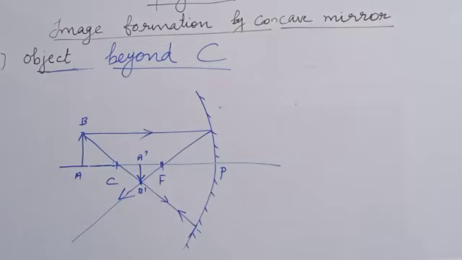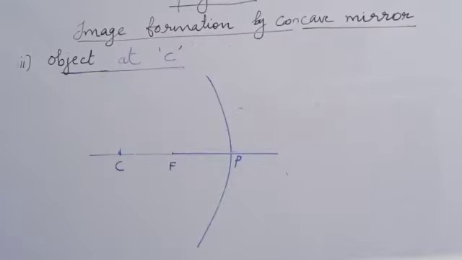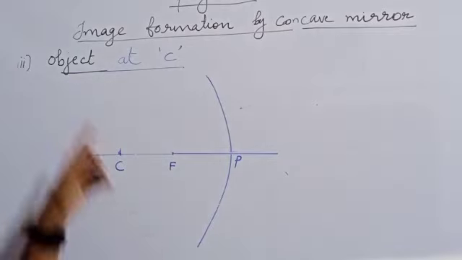Those are the specialities of the image formed when the object is beyond C. Image is formed between F and C. Second, it is a small or diminished image, and third, it is real and inverted image. Okay, next one, object at C.